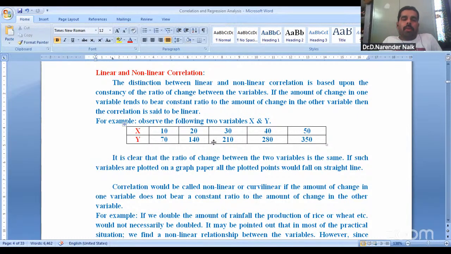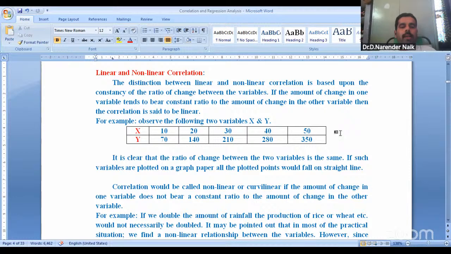For example, observe the following two variables, x and y. The x variable is 10, 20, 30, 40, 50, and the y variable is 70, 140, 210, 280, then 350. The x values are increasing towards the right, and in the same manner the y variable also increases.